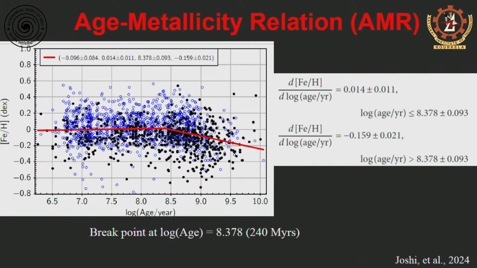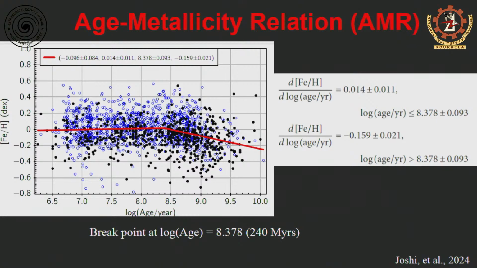Of course, there is a lot of scatter, but up to 240 million years, in this young regime, you have a constant metallicity, a slope close to zero, and then you have a decay in the metallicity slope. It means the metallicity is decreasing after 240 million years.